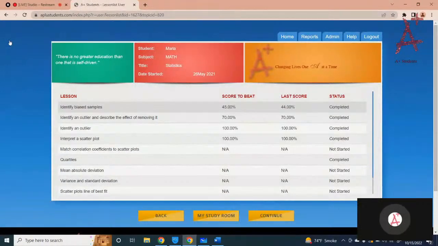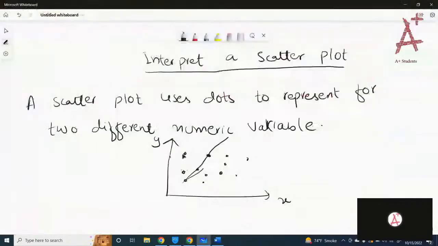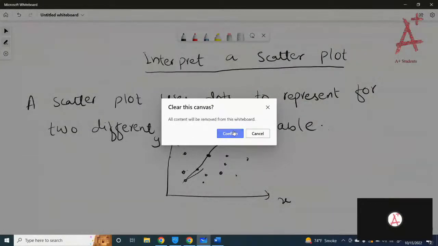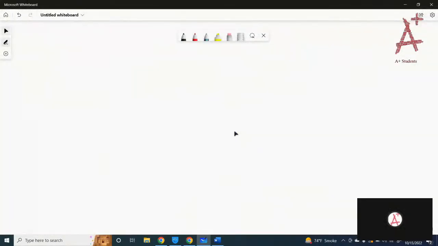Let's start with the next topic. The next topic is matching a correlation coefficient to a scatter plot. Okay, let me write down the lesson name, then we'll start with an example.